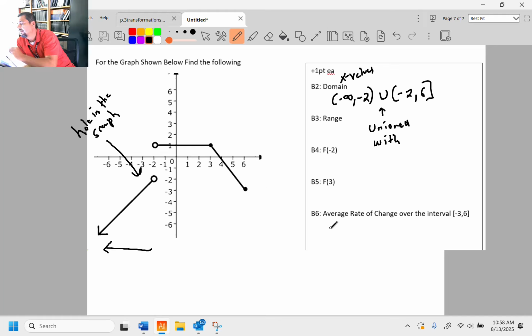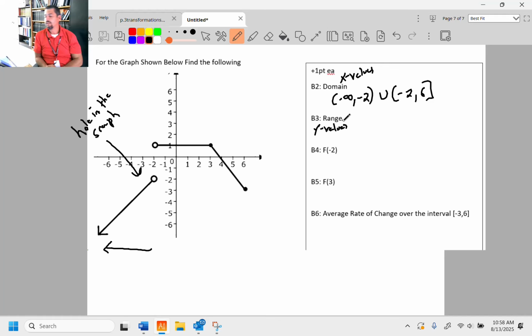Okay? Range is going to be your y values. Alright, so this thing, as far as y is concerned, is rising from negative infinity all the way up to negative 2. And range is tough for a lot of kids to get. So if you just look at that piece, it stops at negative 2.